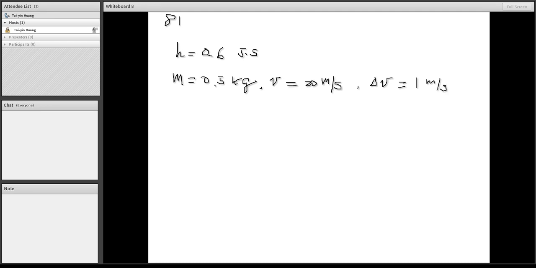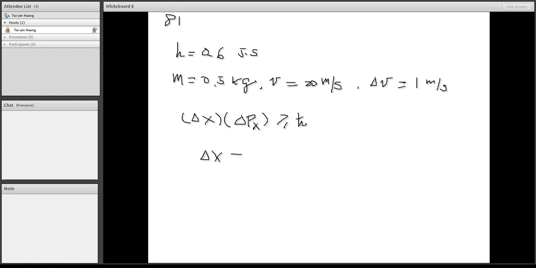Okay, and you're asked to find what will be the uncertainty in position. So remember, what is the uncertainty principle? It is delta x times delta p sub x has to be greater than or equal to h over 2 pi, which is h bar. So in this case, your task is to find what delta x has to be.